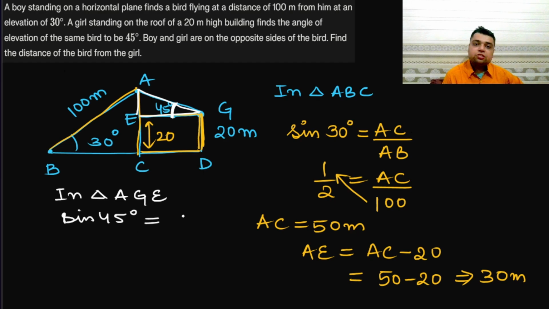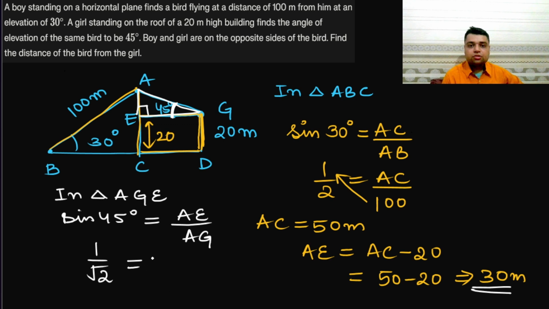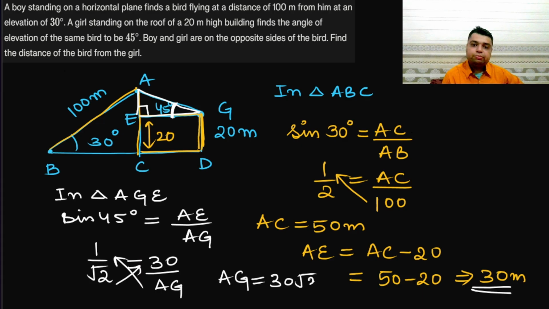So this will be AE upon AG, perpendicular upon hypotenuse, right? So sine 45 is 1 upon root 2, which is equal to AE. AE is what? 30. So 30 upon AG, which we need to find. So if we cross multiply, what will happen? AG will be equal to 30 root 2 meters. This will be the answer.